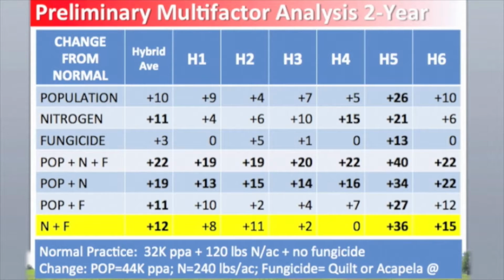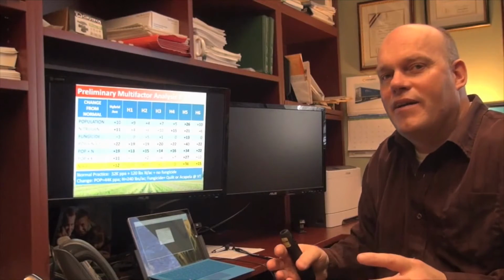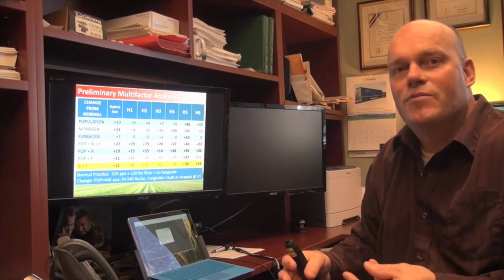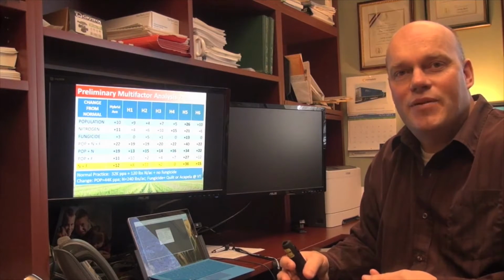Dave, do you have a sense where the economic thresholds are here? I mean, obviously we've got 40 bushels in some of these scenarios. That's right. So really this project, we need to look at the economics, but in order to figure out the economics, we really need to know the good hard numbers in terms of the yield responses to these inputs.